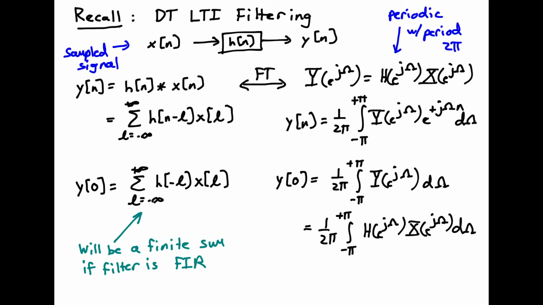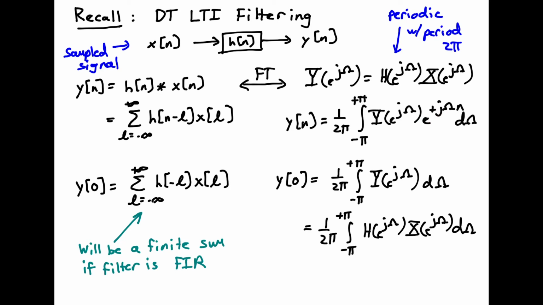So I can compute the output y of n as simply the inverse transform of y of e to the j omega, and I've written the standard inverse transform formula here. Well, suppose all I want is a single value of the output, and suppose I happen to want the value at time 0. Then I just substitute in n equals 0 here, meaning that this complex exponential just becomes 1.